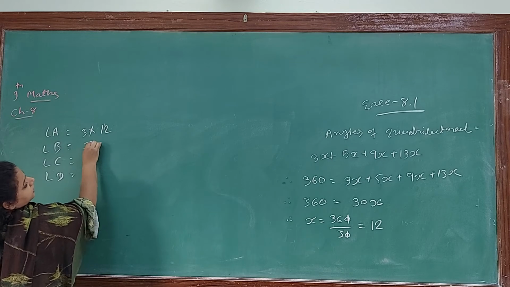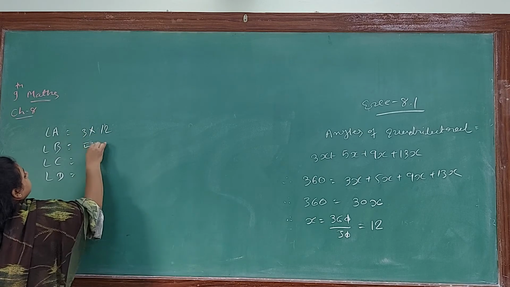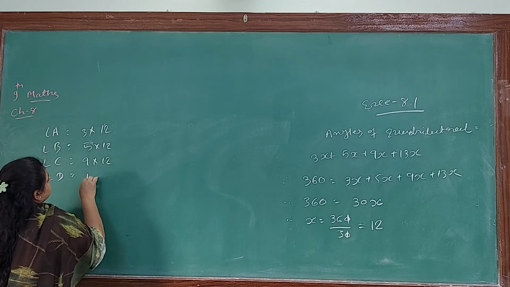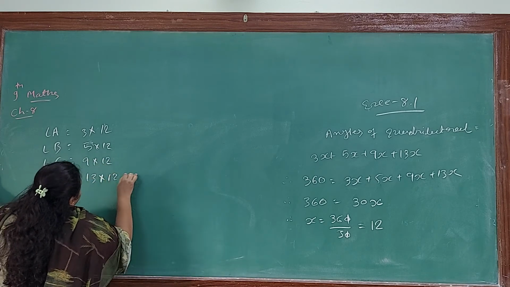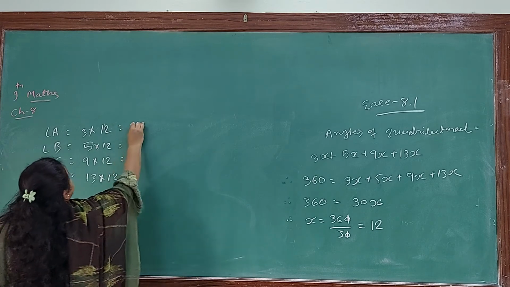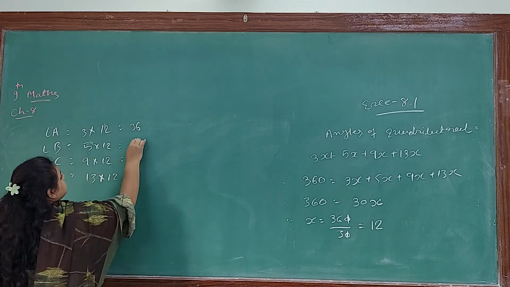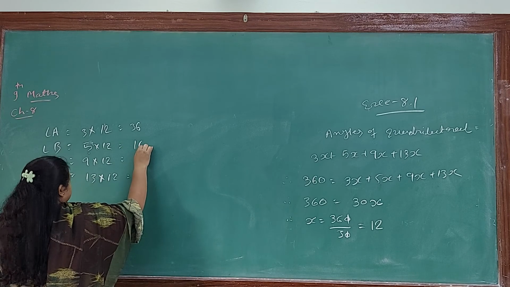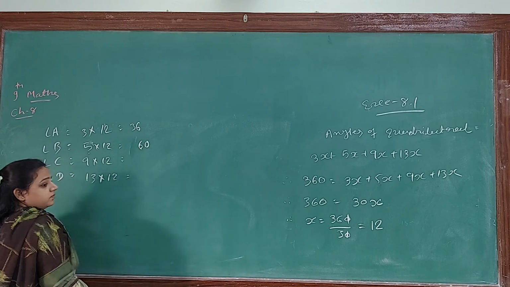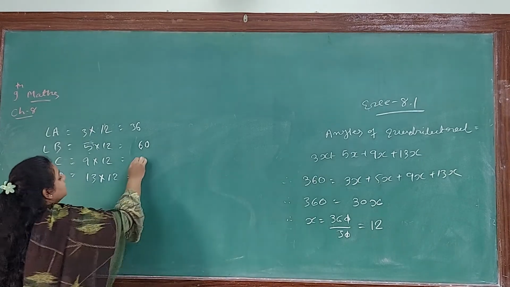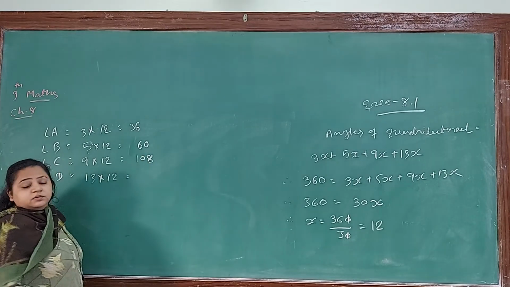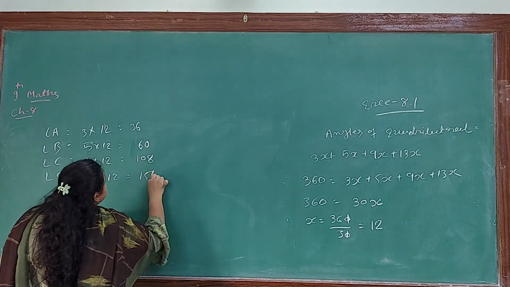Then 5 into 12, 60. 9 into 12, 108. 13 into 12, 156. So now the angles are 36, 60, 108, and the last 156.